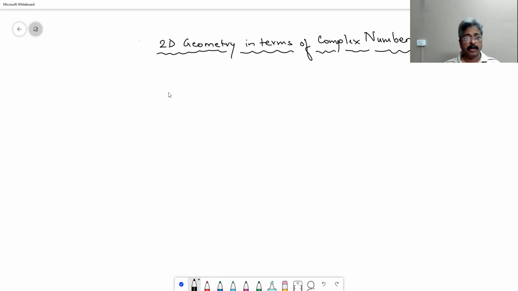We have learned that if the vector z2 becomes z1 by rotation through angle theta, then (z1 minus z) upon (z2 minus z) is equal to a rotator, which is r e raised to i theta, or maybe r cis theta, that is cos theta plus i sin theta.